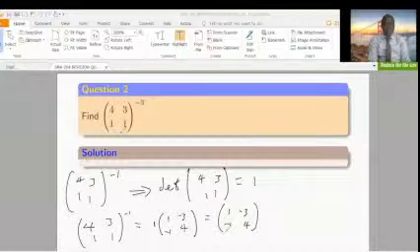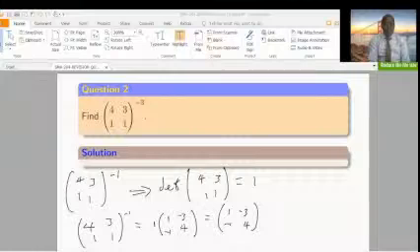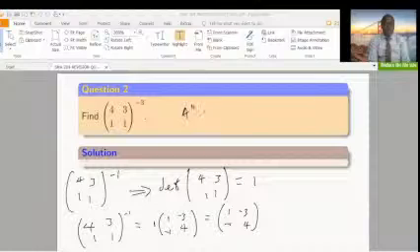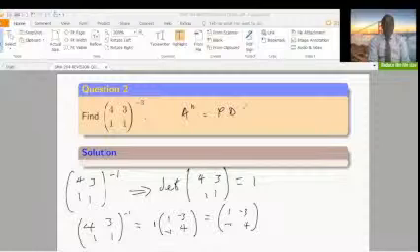Now, let's raise this inverse to 3. So that means you just multiply it 3 times. Now, if you don't want to do that, supposing the power here was too big, then you would first of all discover that matrix A raised to n would be P D raised to n multiplied by P inverse.